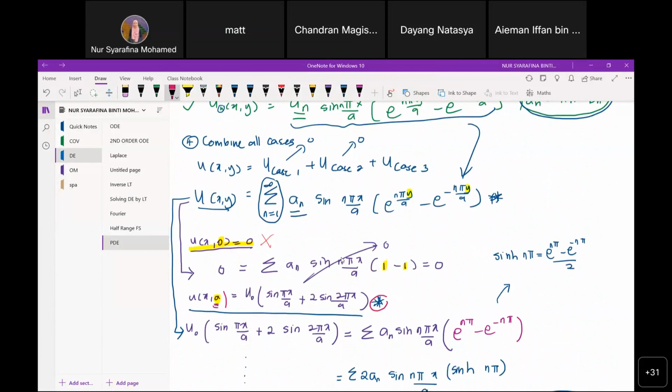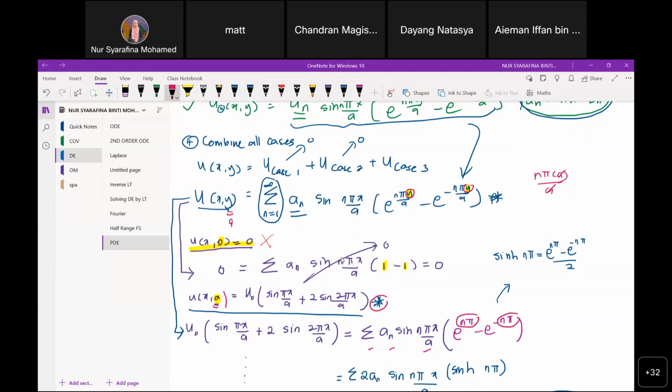So when you substitute y with a, then we can have n pi a over a. That's why we have only n pi here. This is a negative n pi. So u(x,a), when y here is a, then rewrite the expression: summation of a_n sine n pi x over a, exponent n pi minus exponent minus n pi, equals u0 sine pi x over a plus 2 sine 2 pi x over a.